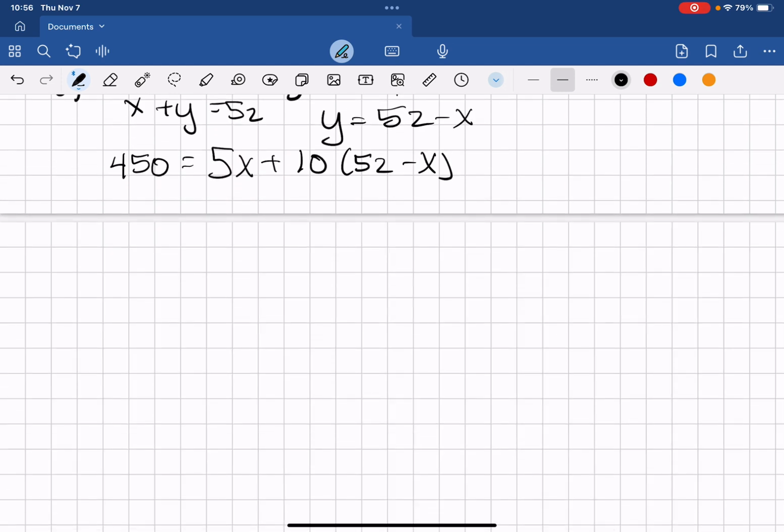Okay, so we get 450 is equal to 5x, and if we distribute that, we get 520 minus 10x. We are going to combine our like terms. So we're going to get minus 520 on both sides, which is going to give us minus 70 on this side.